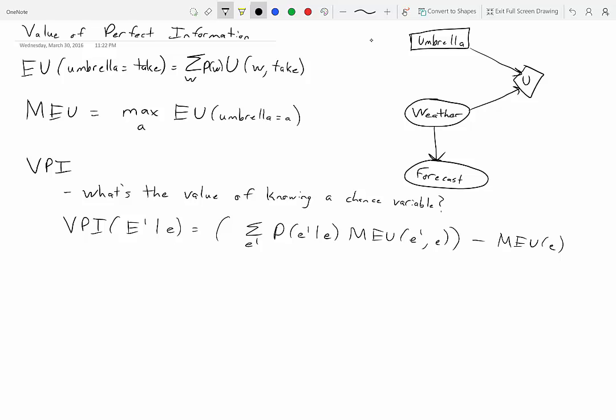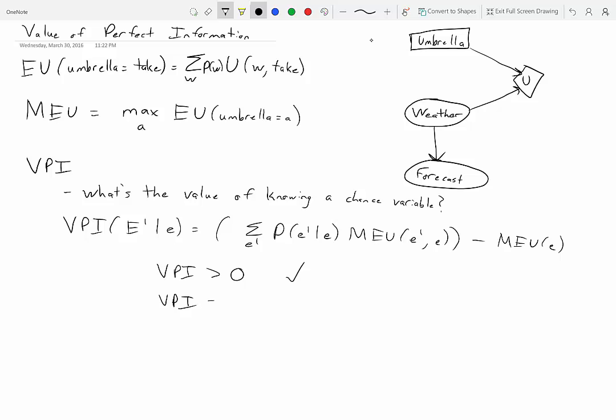So one question you might ask is, is VPI ever less than 0? Well, let's think about this. Can it be greater than 0? Well, if the new variable E prime tells you exactly what the chance variables are, then you can only do better. So that's good.